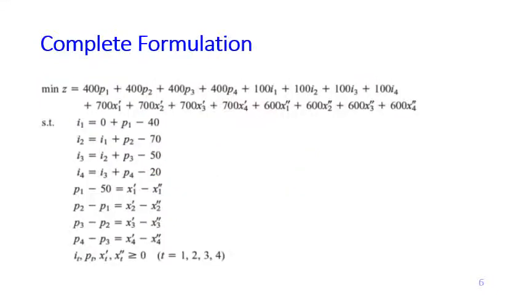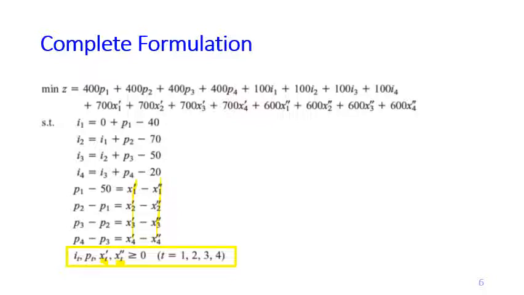Do not forget to write down the sign restrictions. All variables are greater than or equal to 0. Notice that we do not have any URS variable anymore because we have replaced the xt variable with xt prime and xt double prime, and these variables are both greater than or equal to 0.